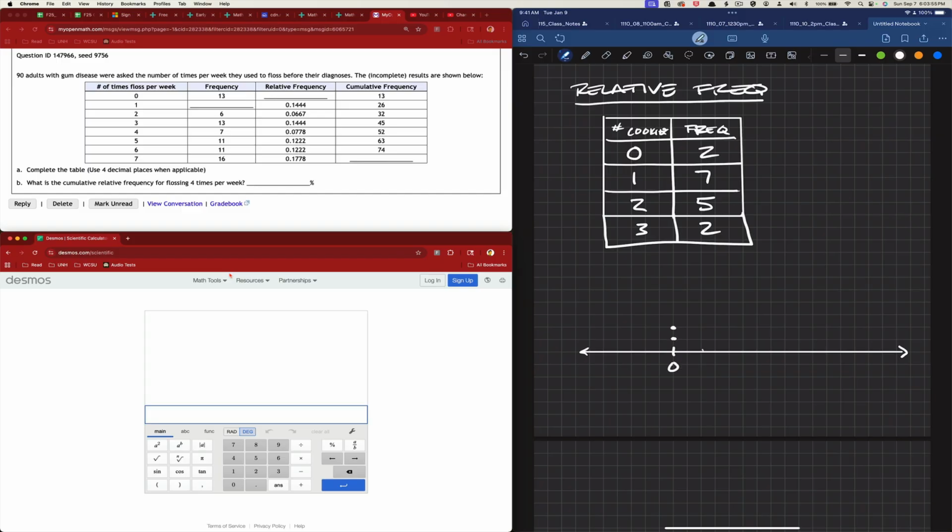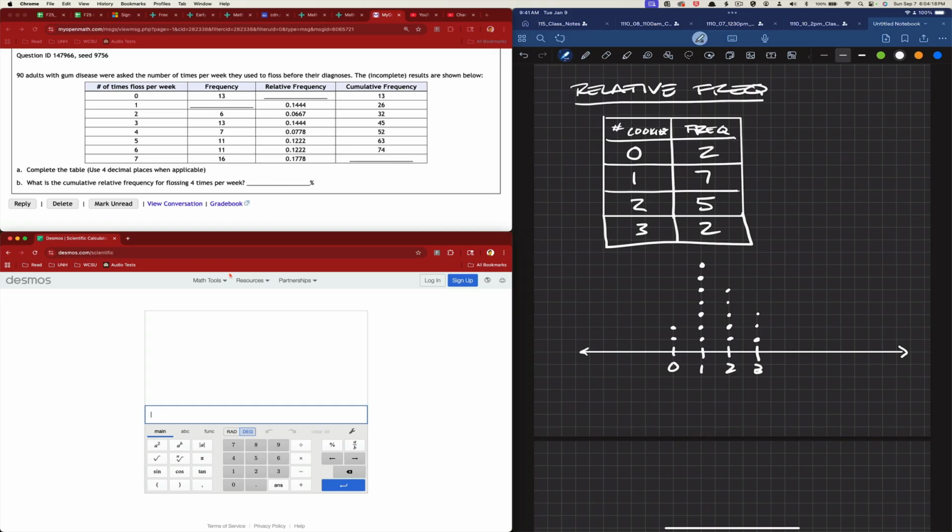We'd have 7 dots at 1. We'd have 5 dots at 2. And we'd have 2 dots at 3. Okay? That's a representation of our distribution.